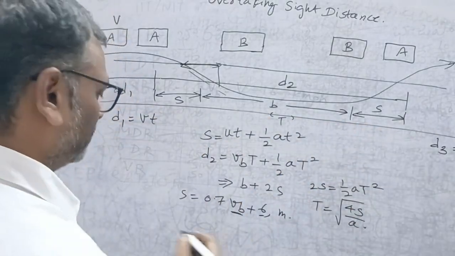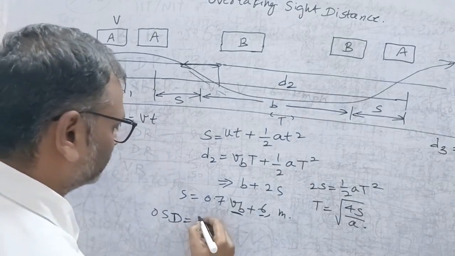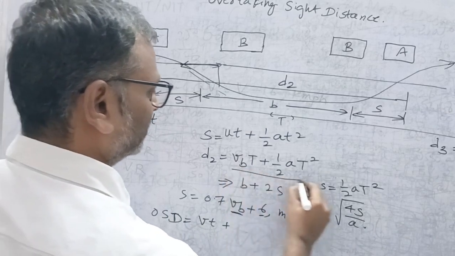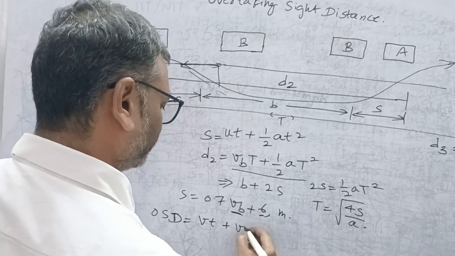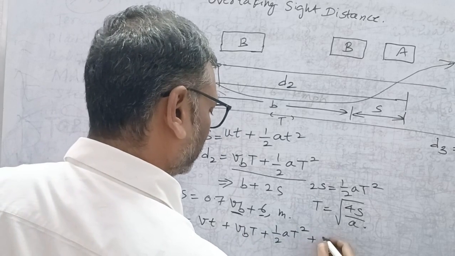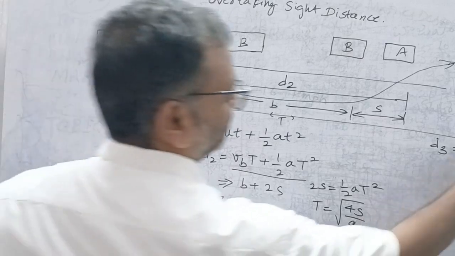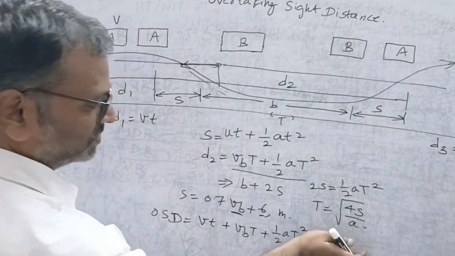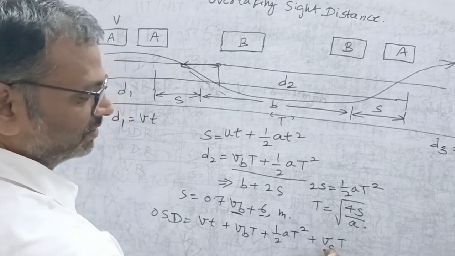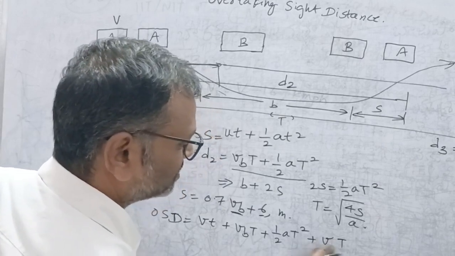Now the total overtaking sight distance can be written as small v into small t plus whatever comes here, plus half at square plus Vc into T. If a vehicle from the opposite direction is not there, this term is not here. If it is there, this term is here, and if the data is not given regarding the speed of this vehicle, then you can take it as the design speed, that is small v.